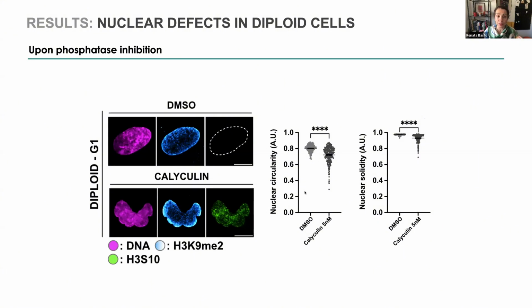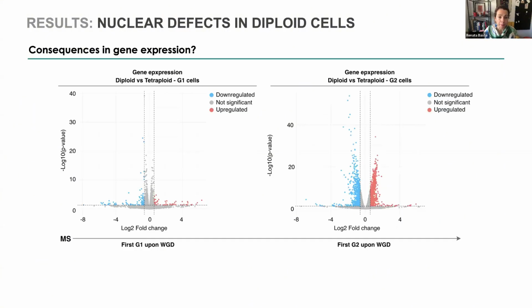So we're building this view that mitotic slippage actually generates cells with these problems in serine 10 phosphorylation that do not allow the reestablishment of chromatin and lamin interactions. Now, does this have an effect? I showed you before that in the first G1, there were no differences at the Hi-C level of the whole population.